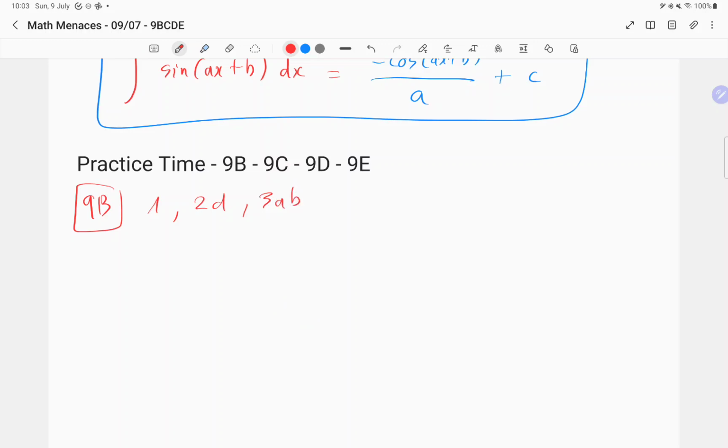Okay, so highlight these ones. So 1 ABC, 2D, and 3AB. Actually, maybe I'll just give you guys all of the minimum questions to do first, because I think next week we'll do a bit of practice on these chapters before we move on.